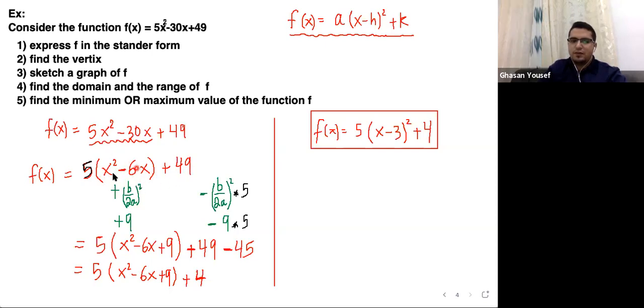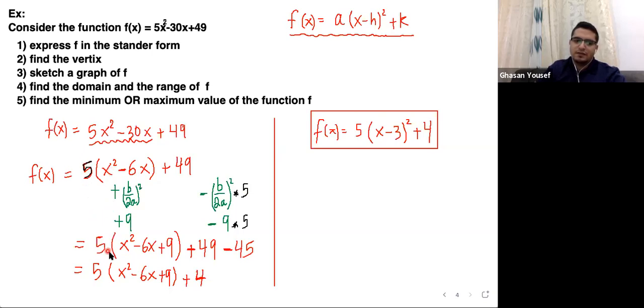I have to complete the square inside the parentheses. To complete the square, we add (b over 2a) squared inside the parentheses, and outside the parentheses I subtract the same (b over 2a) squared, but we have to multiply by this 5.